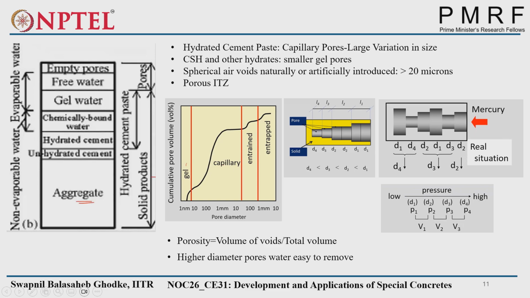So that's why we get D1, D2 as one of the diameters. Here, within this pressure, mercury will penetrate all three diameters, because here it requires higher pressure, and here it requires less pressure. So mercury will penetrate all of these. It will be represented as one diameter, D3, which is not actually true because we have different diameters. Understood? We have different diameters, but mercury intrusion porosimetry indicates it as one D3.